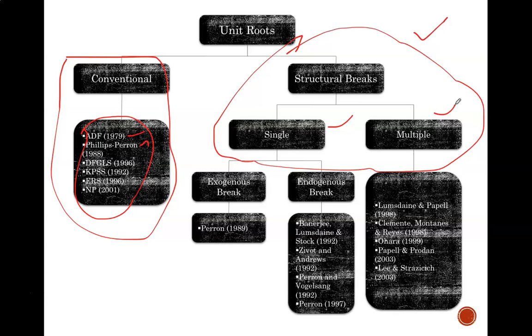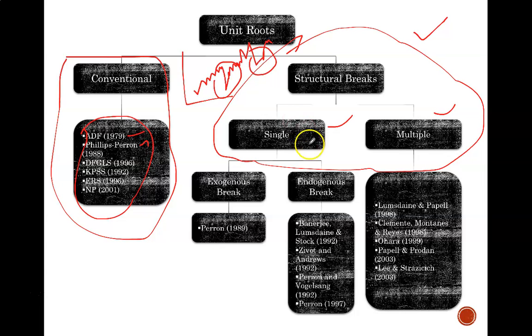If you plot a series, let me draw a graph, it goes up like this, suddenly drops, and then goes up again. In this section you might have a break, because although the trend is moving upwards or downwards, there's a break. It stops for a while, and then suddenly the series jumps up or down, big.